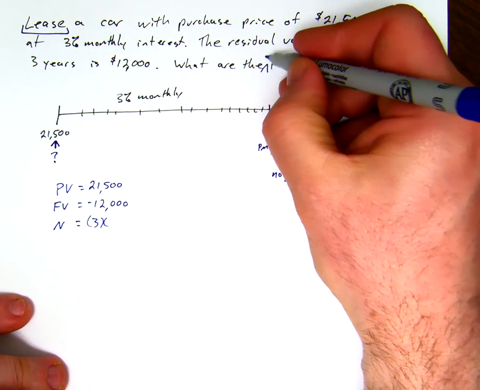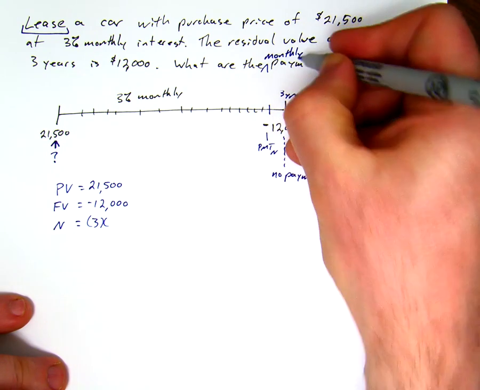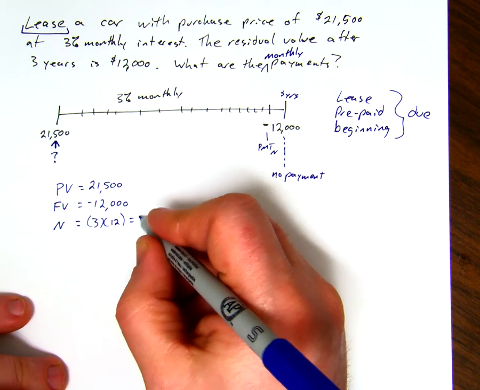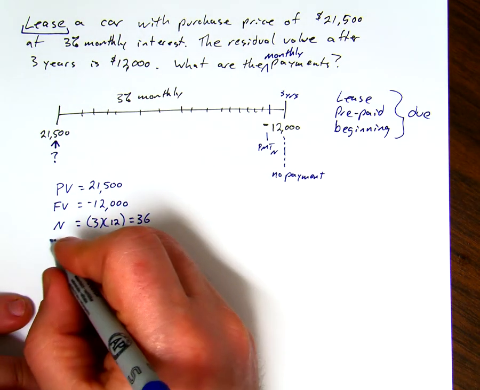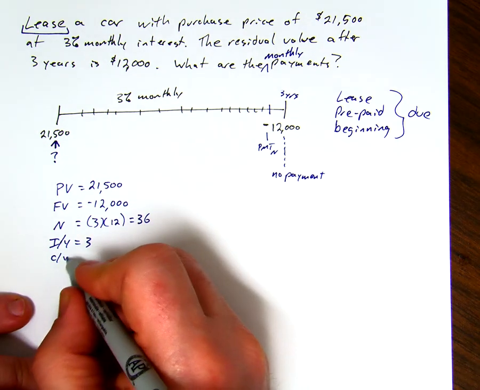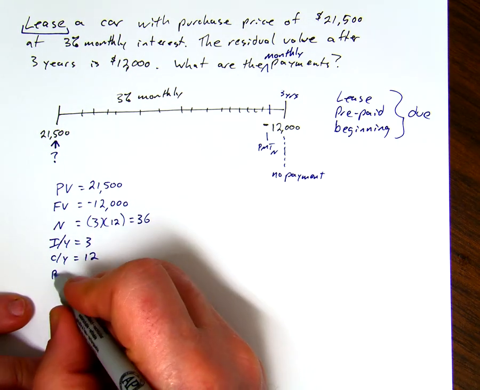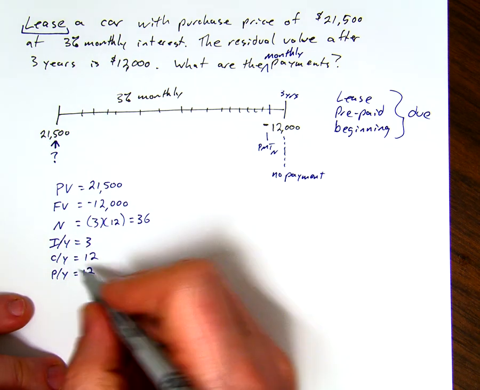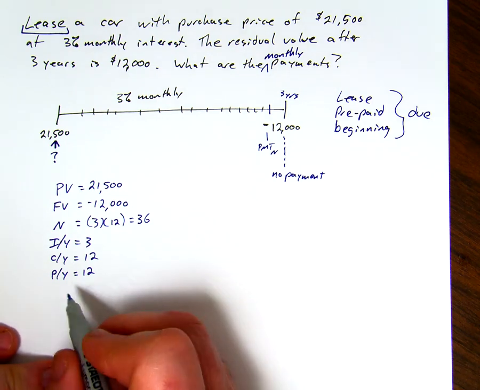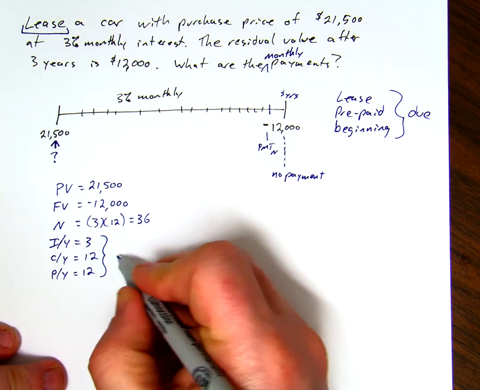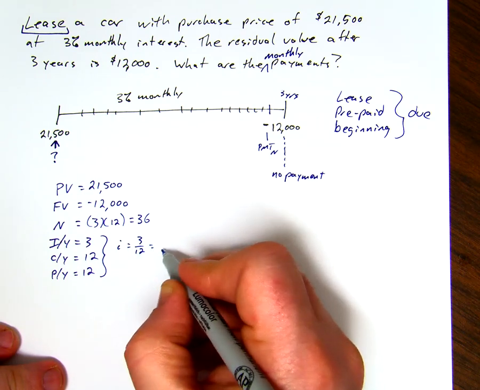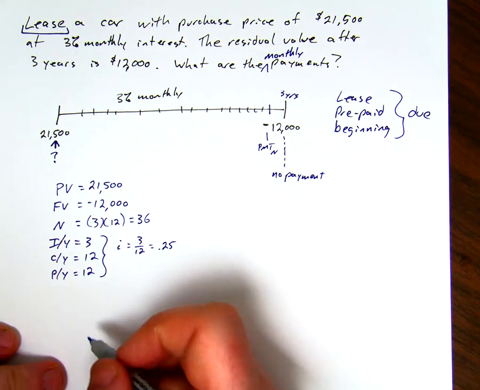What are the monthly payments? 12 times a year, so that's 36 payments. Our interest rate is a nominal rate of 3%, compounding 12 a year, payments 12 a year, monthly payments. If we wanted to do I, it would be equal to 3 over 12, which is 0.25 per month.